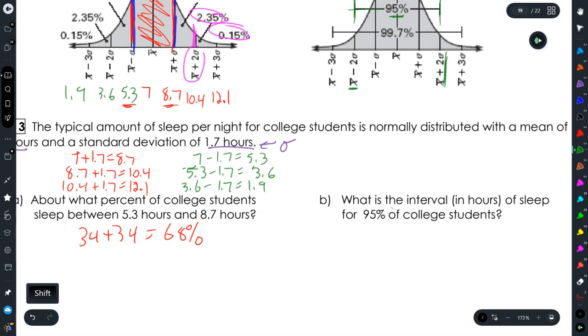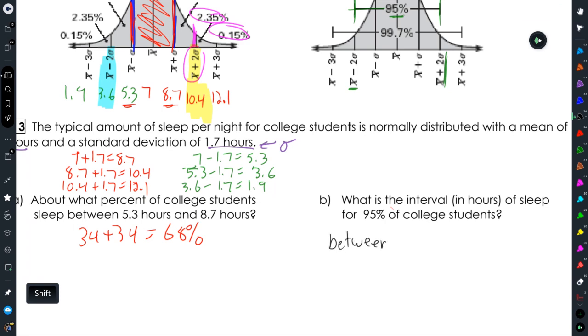So over here, we have the mean minus 2 standard deviations is 3.6, and the mean plus 2 standard deviations is 10.4. So that means that 95% of the students sleep between 3.6 and 10.4 hours.